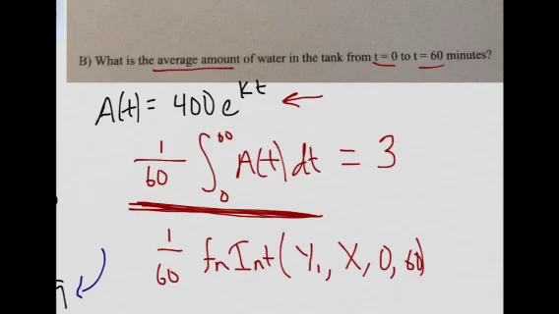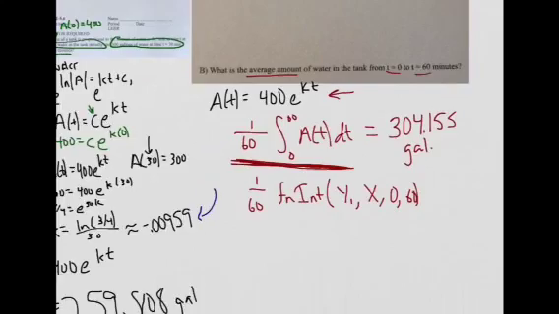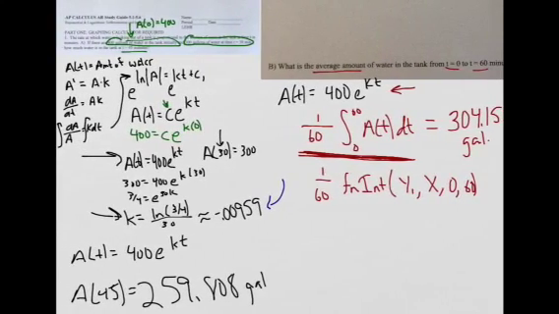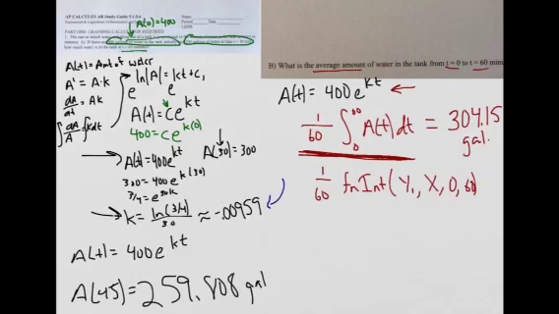So I do 1 over 60 times that, and that gives me 304.155 gallons. And I will zoom out so you can see the entire problem. There you go. That's the whole thing.